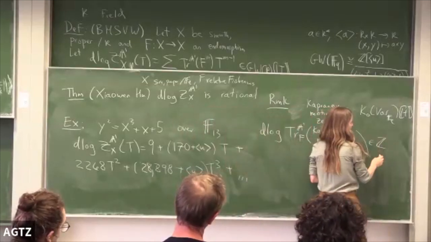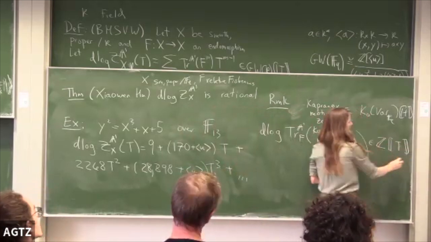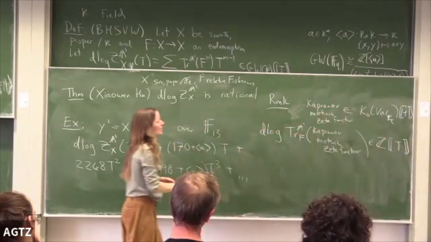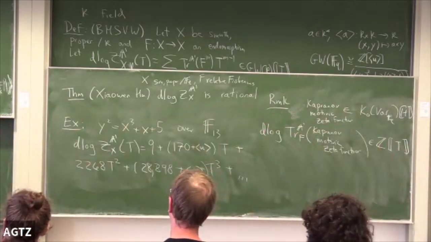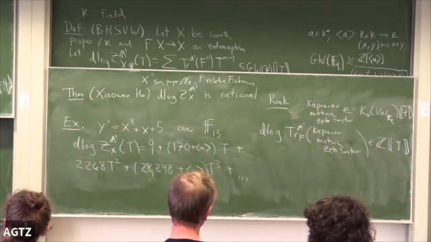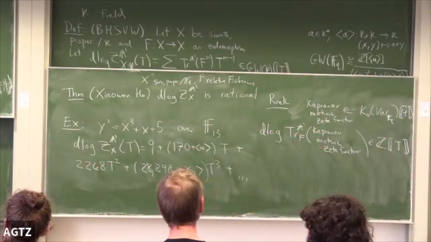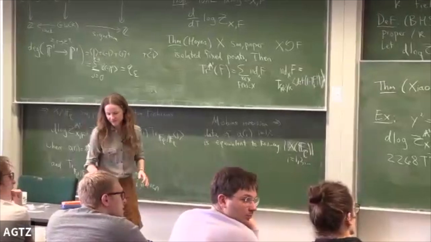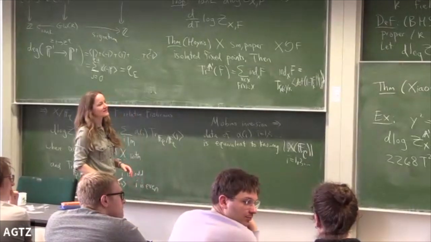So this actually lies in power series with Z coefficients. So they're computably different. Your original formula was correct.